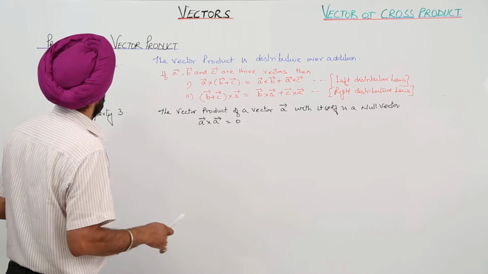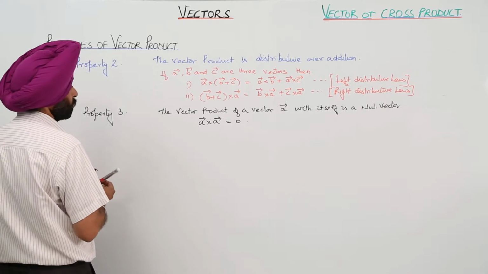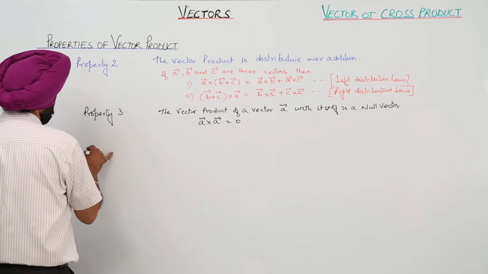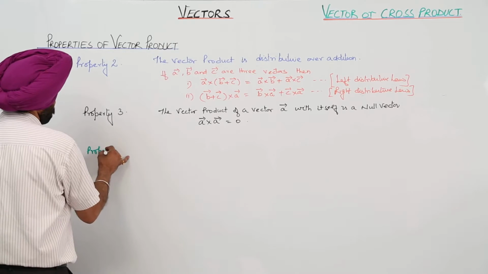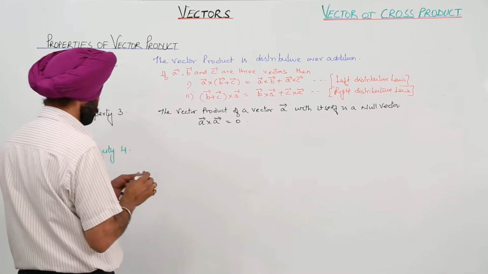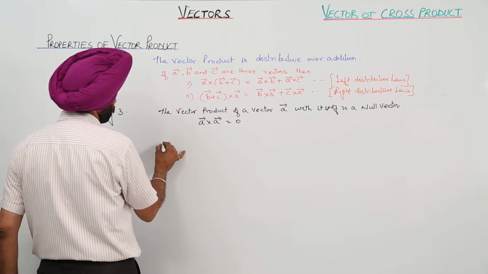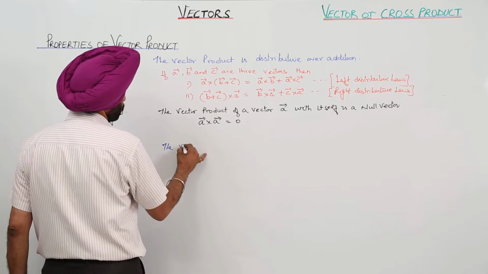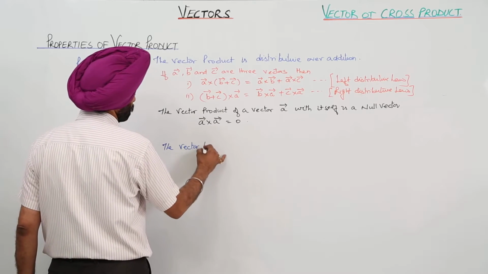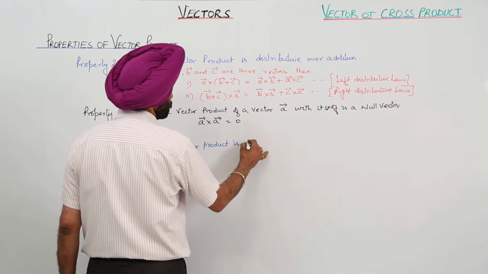Now property 4. The vector product is associative.